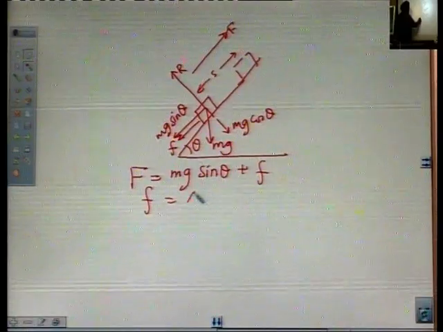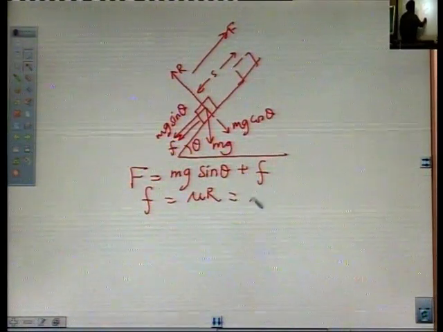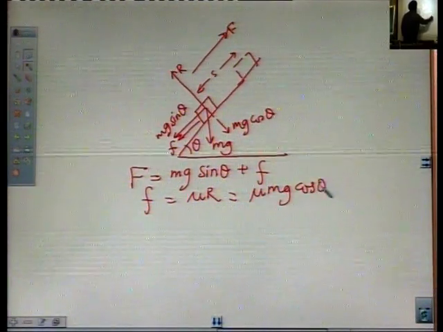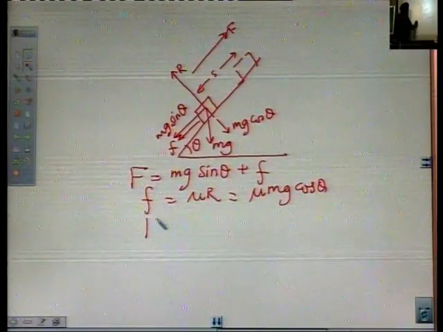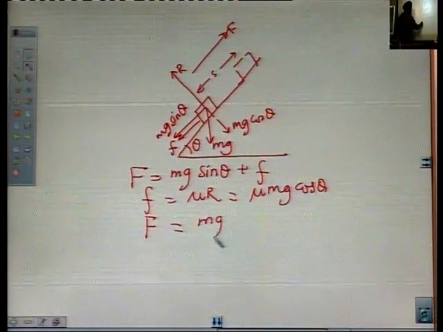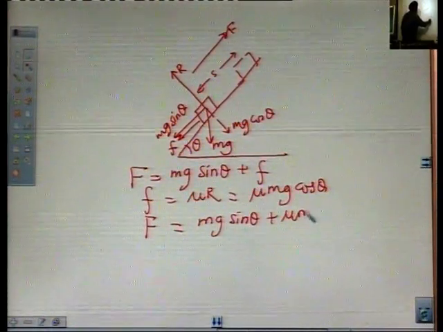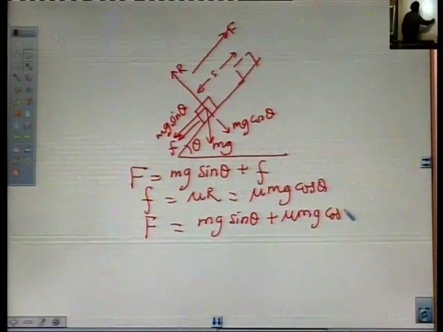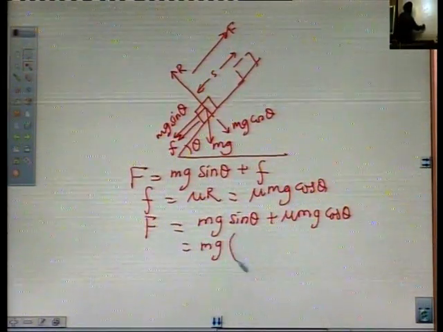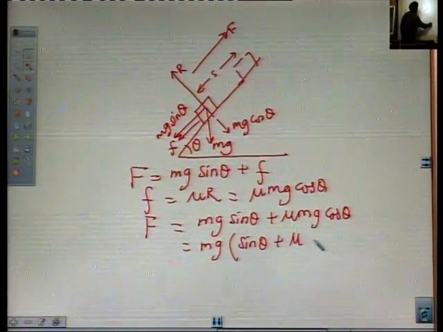But force of friction is equal to mu R. R is balancing mg cos theta. We get mu mg cos theta. So, the force required to move the body upwards is mg sin theta plus mu mg cos theta, that is mg(sin theta plus mu cos theta).